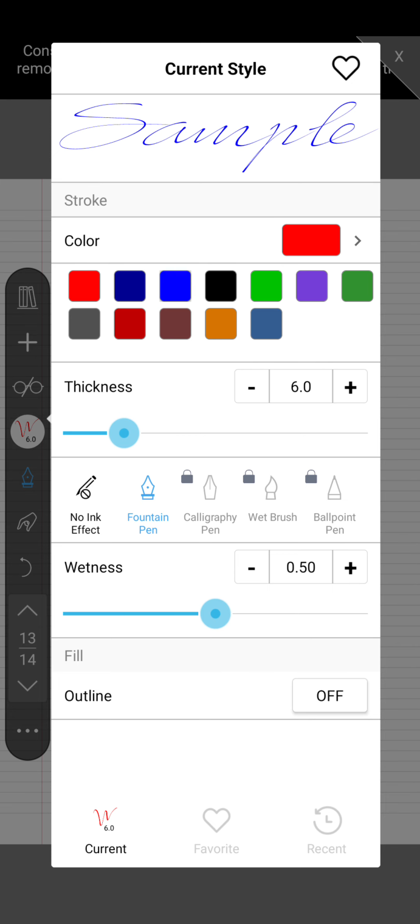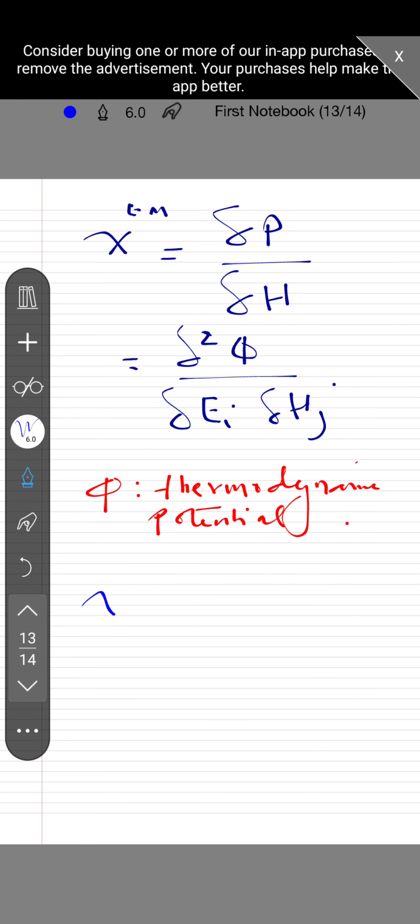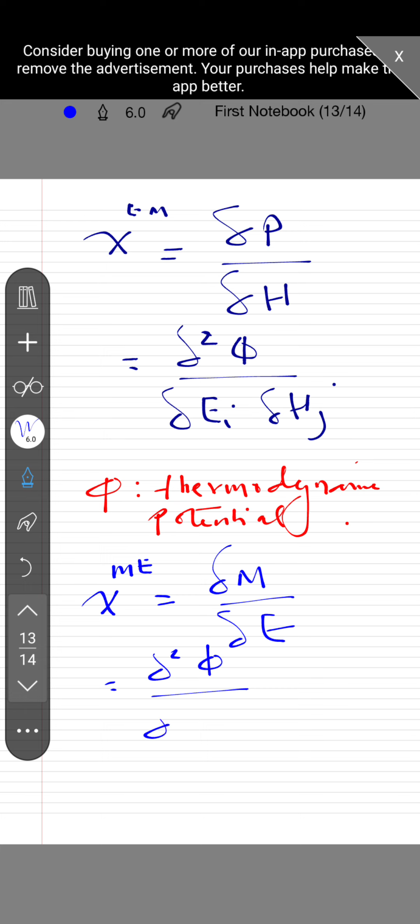Similarly, we can also write the magnetoelectric susceptibility ME as equal to del M by del E, and that is again equal to del square phi over del Hi into del Ej, the opposite one.